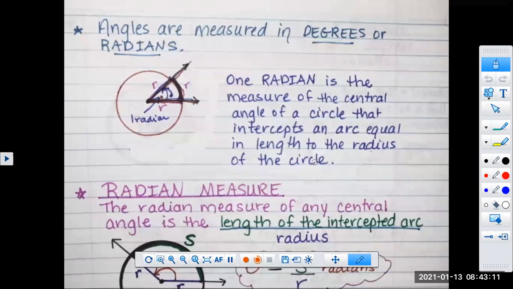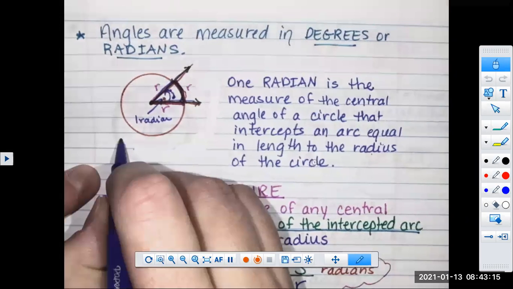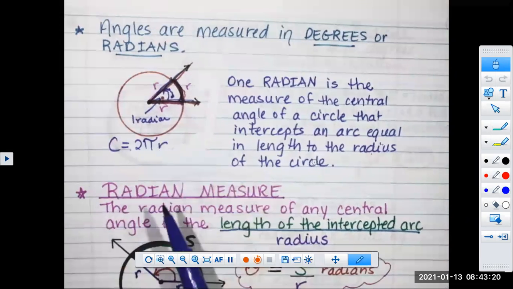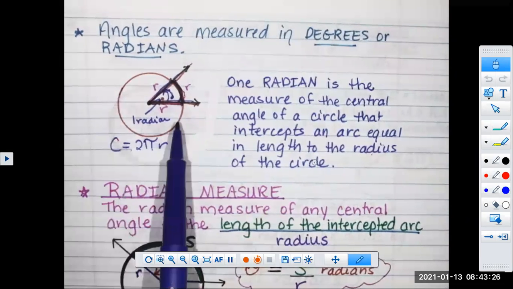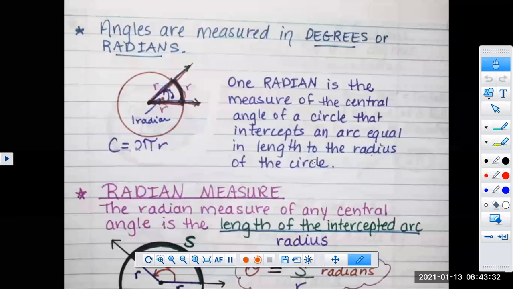Good, it's the circumference. So if my circumference is 2 pi r, and let's say, of course, that radius has a length of 1, then the whole distance around the circle, or well, the angle measure around the circle, would be 2 pi in radian measure if your radius is 1. And that's what it is on the unit circle.